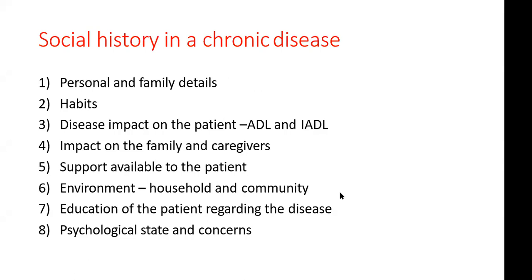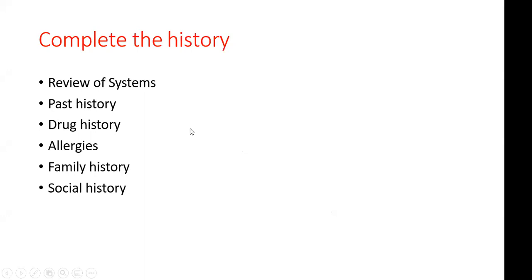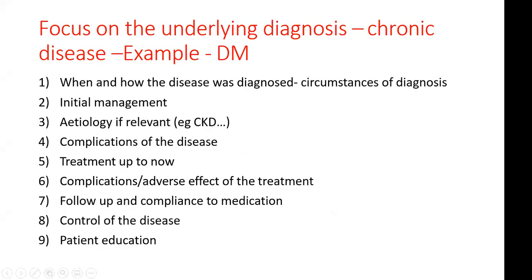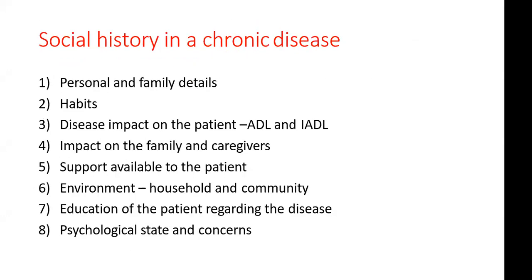So this is what we need to talk about at the social history level, and remember that this is very, very important in a management-based long case where the patient has a chronic disease. Talk about the usual things like personal details, family details, habits, but then focus on the disease impact on the patient, the impact on the family and caregivers, support available, and the environment.